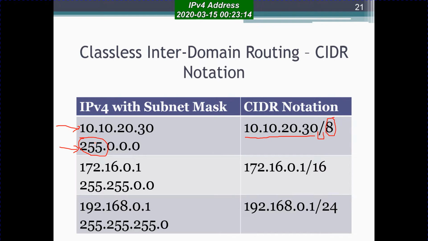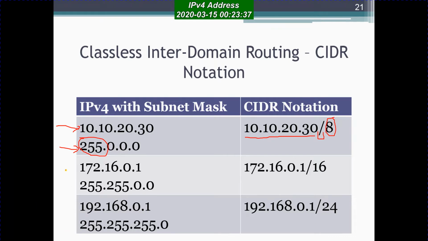Convert 255 back to binary, you will find 8 bits. So 8 means that we have 8 bits set to 1 in the subnet mask, and we always count starting from the left, from left to right. So this is another way of writing, like a shorthand notation.